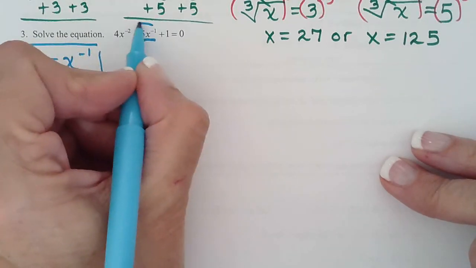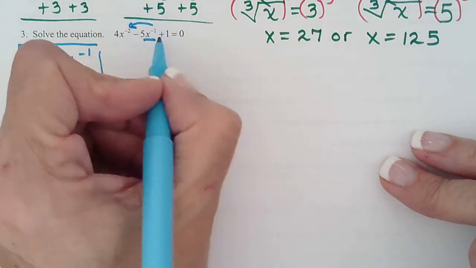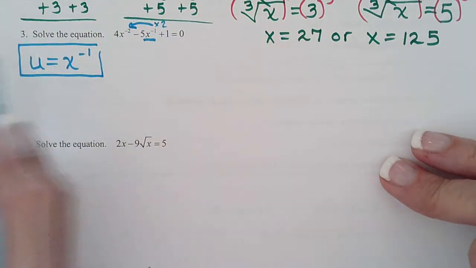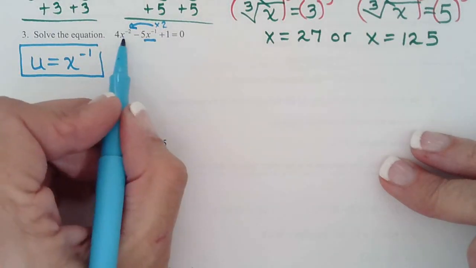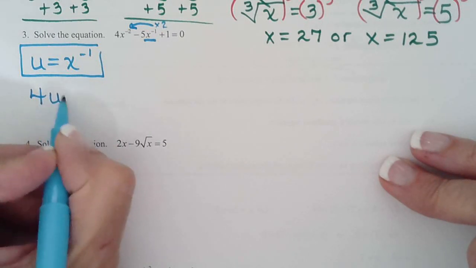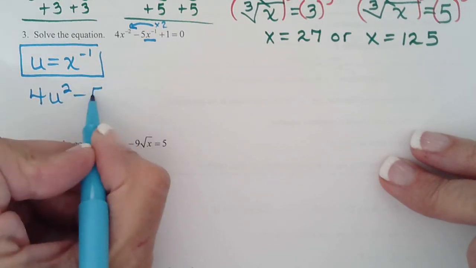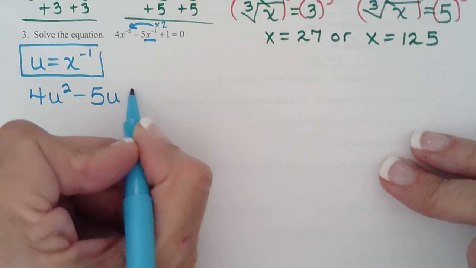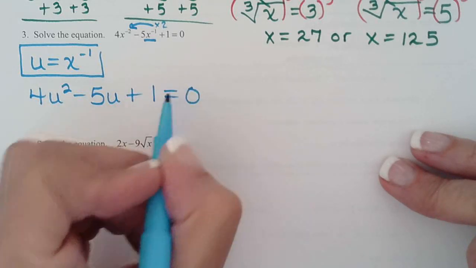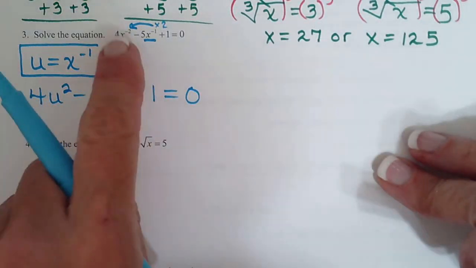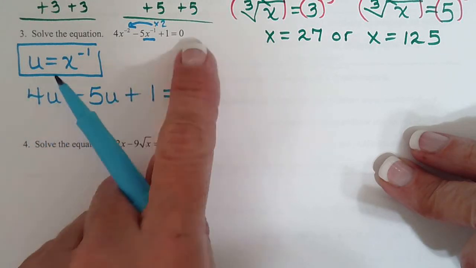And when I take that times 2, I get this. So that leaves me with 4u squared minus 5u plus 1 equals 0.